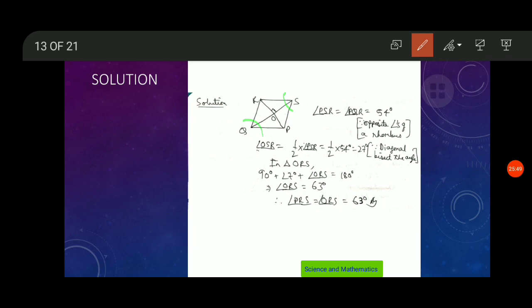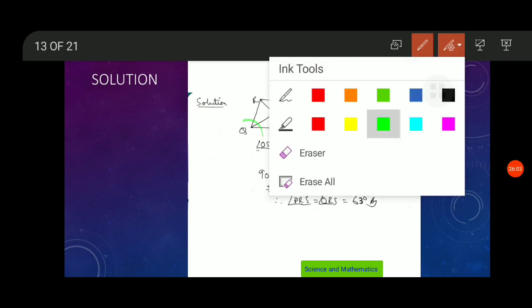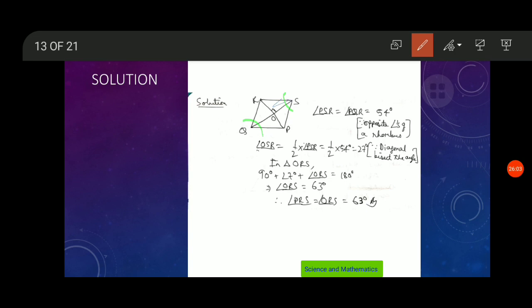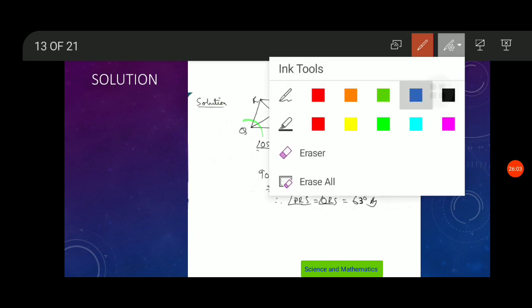Now this angle will be obviously equal because they are the opposite angles of the rhombus PQRS. Now QSR, you can see this angle only. Let me mark it with a different color, only this angle. Not the whole green one, only this. I have marked it with a blue color.